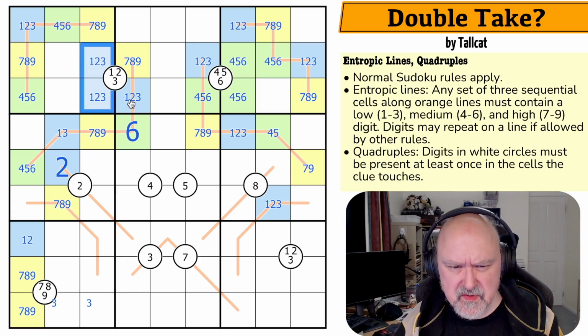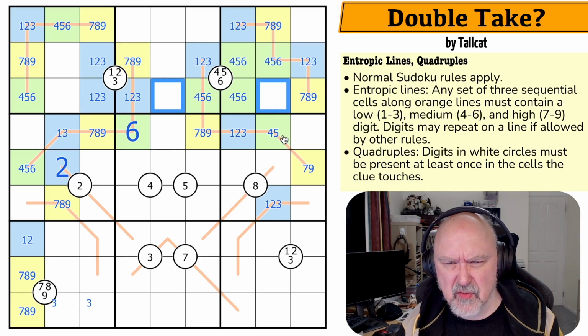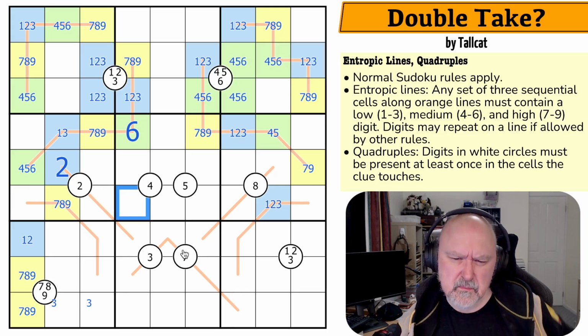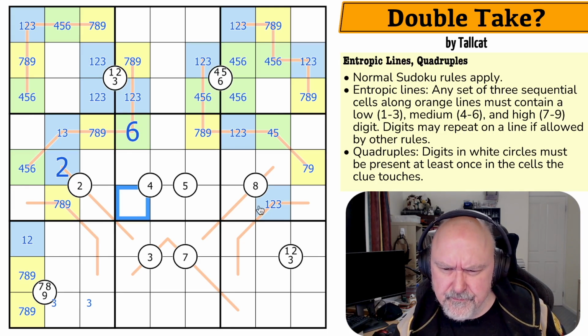These are all different. So that digit is there or there. I don't know. I know there's an 8 in here somewhere.